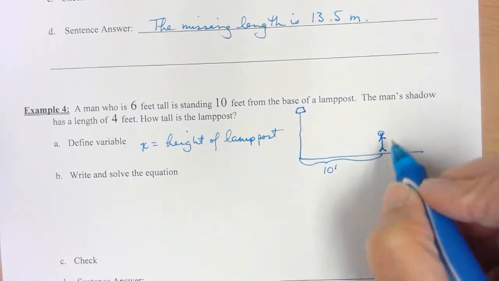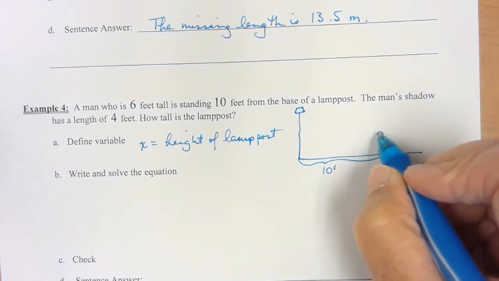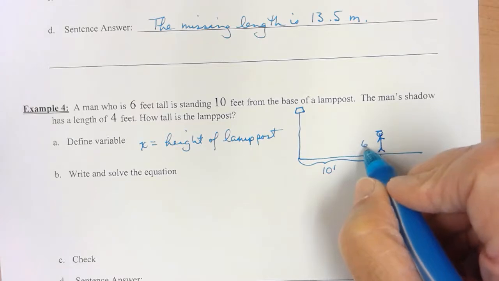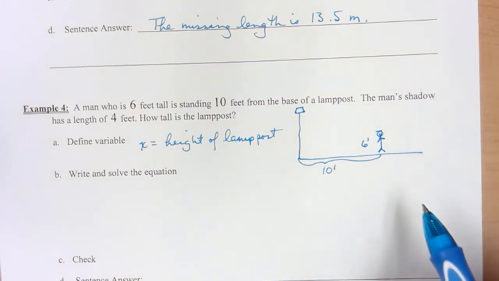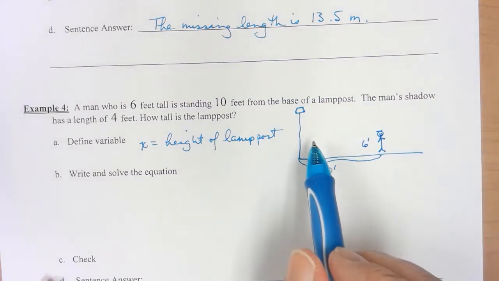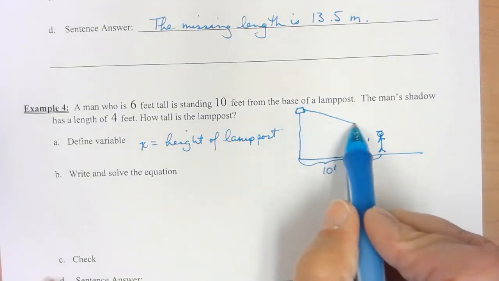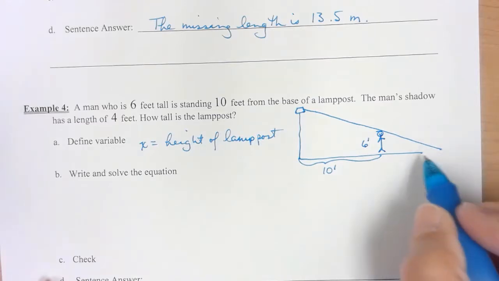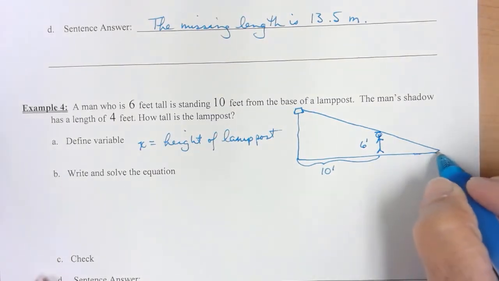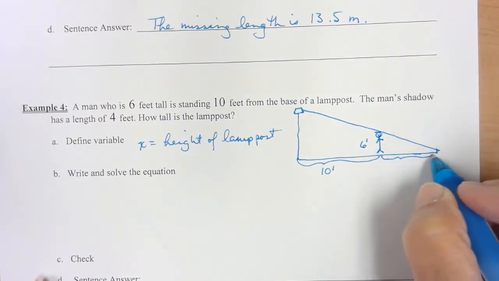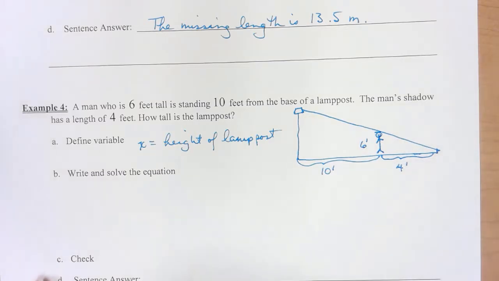I do know that he is 6 foot tall. Now it says his shadow has a length of 4 feet. So from the lamp post, if we're looking down this way, this is where his shadow is. So this is 4 feet.